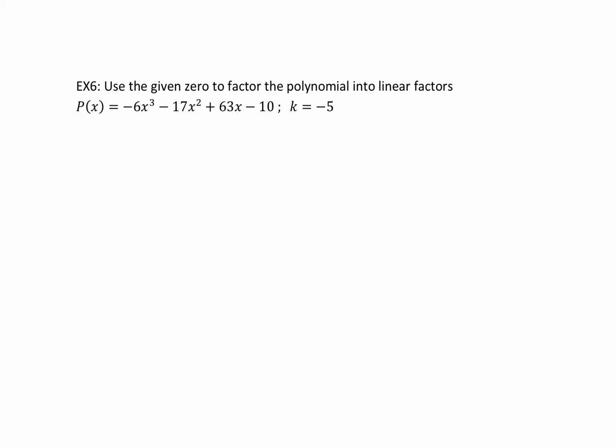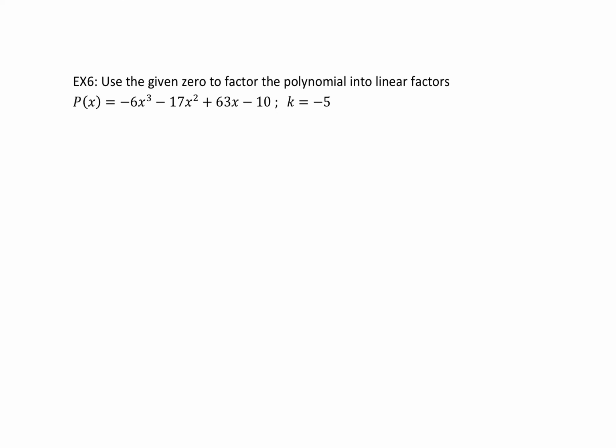Okay, let's look at this in a different way, in example 6. In example 6, we're given a 0, and then what we're going to do is use that 0 to factor our polynomial into linear factors. So in the prior example, we were finding the zeros, and now we're going to use the zeros that we find to completely factor our polynomial into linear factors.